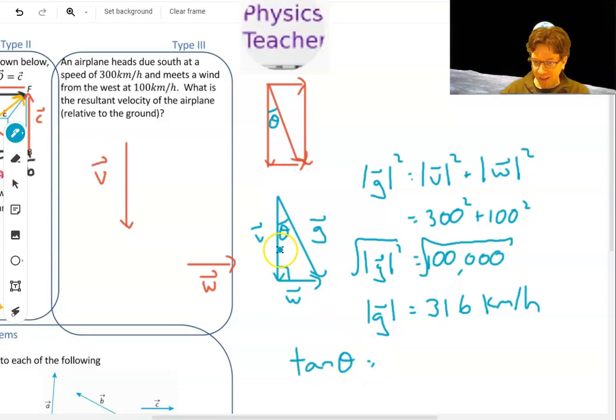So tan of theta equals opposite over adjacent. So we have the magnitude of W over the magnitude of V, which is 100 over 300, which is just 1/3. And so you can calculate theta if you take the inverse tan to be 18.4 degrees. I'll just leave it as 18.